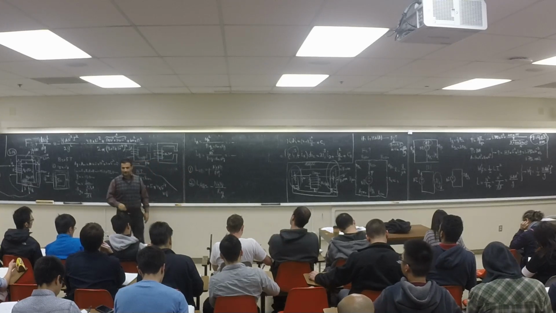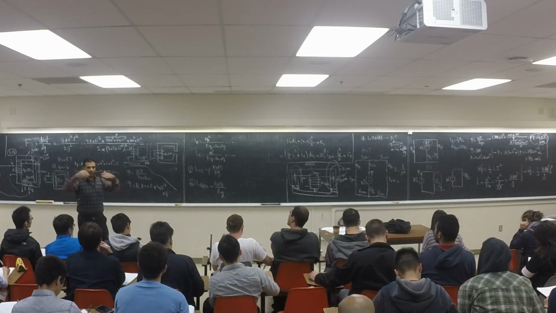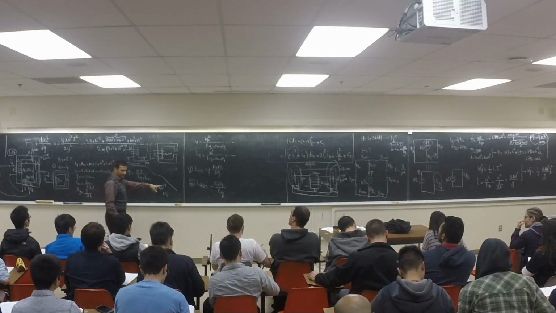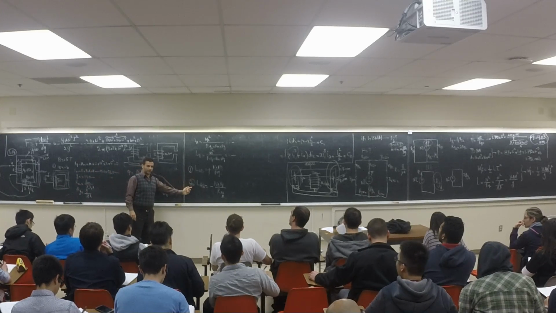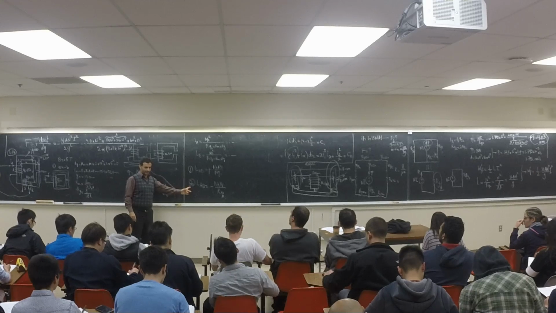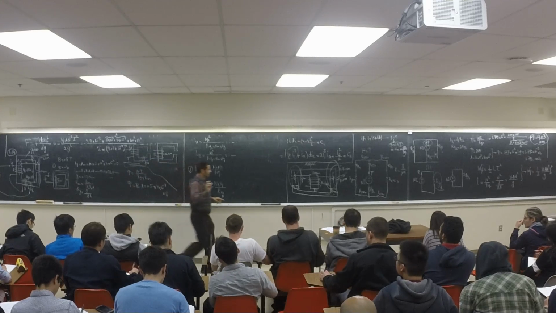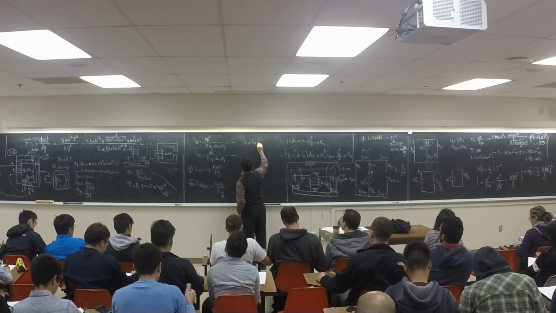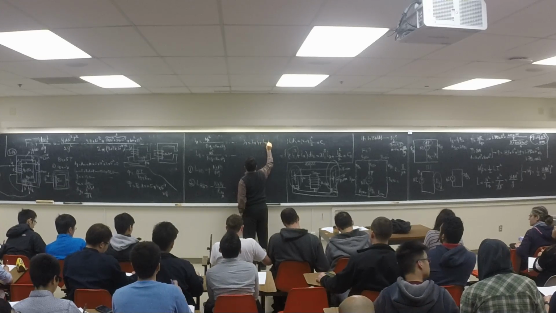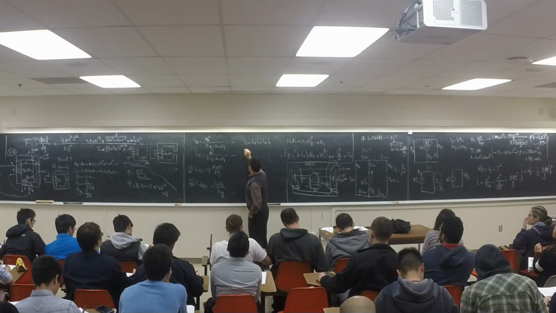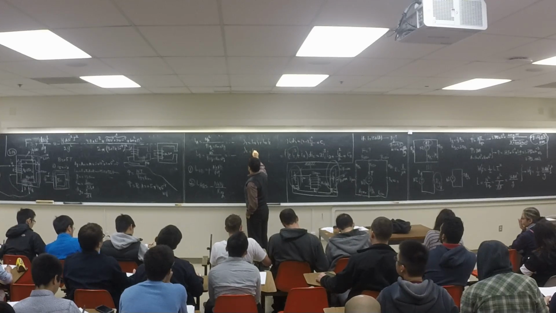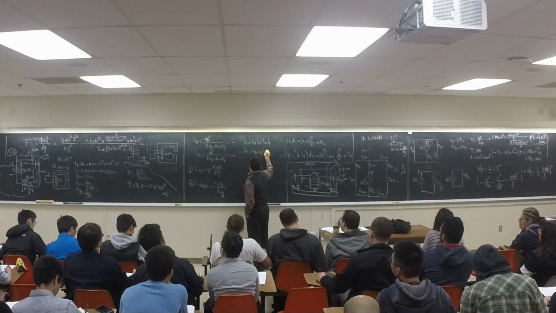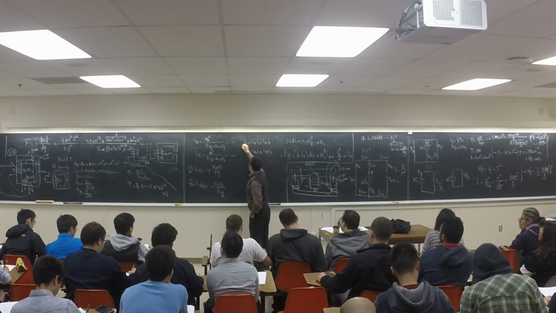Fluxes are the opposite of each other. When the flux is opposite, they're going to reduce the overall flux, right? Think about it. It says lambda 1 is L11 I1 plus L12 I2, right? And we said lambda 2 is L21 I1 plus L22 I2, right?